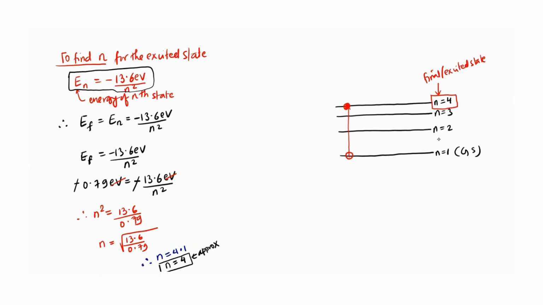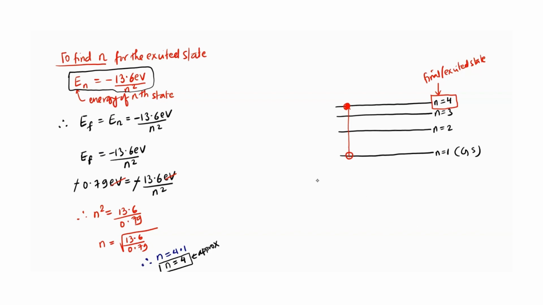Now we need to find the number of transitions and possible wavelengths.